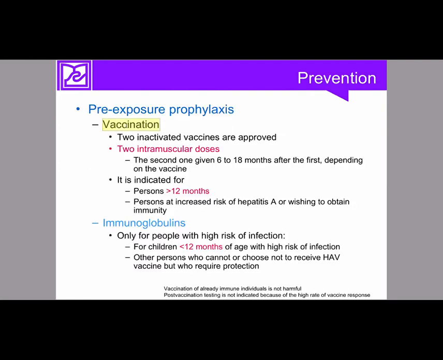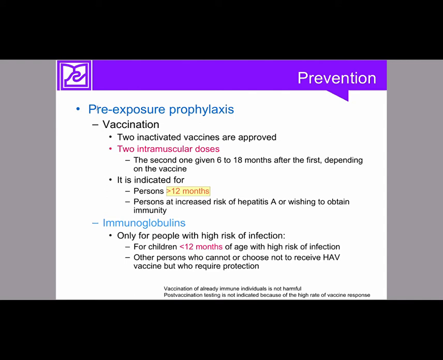We have a vaccine. Pre-exposure prophylaxis is made with a vaccine. The vaccine is given intramuscularly, 2 doses. The vaccine is indicated for people older than 1 year, because in babies younger than 1 year, the vaccine doesn't work.